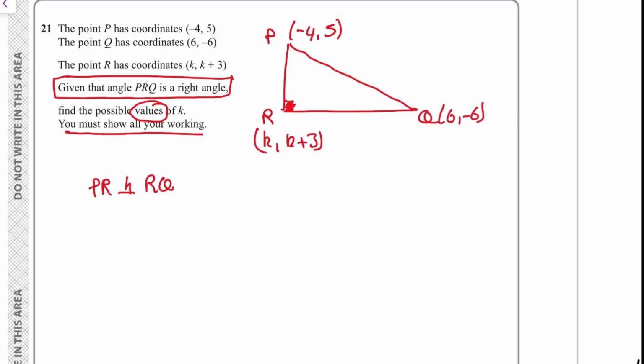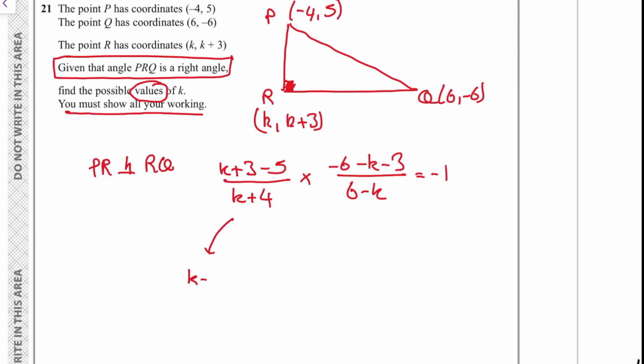So the gradient of PR, which is K plus 3 minus 5 divided by K minus 4, multiplied by the gradient of RQ, which is minus 6 minus K minus 3 divided by 6 minus K, is equal to minus 1. Wow, that looks pretty horrible, doesn't it?